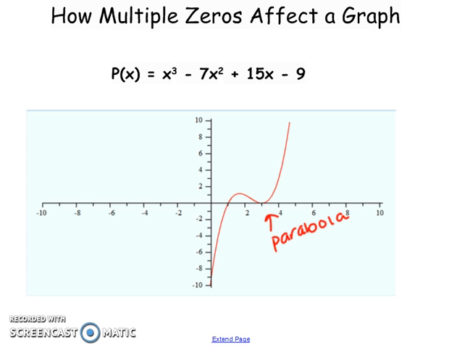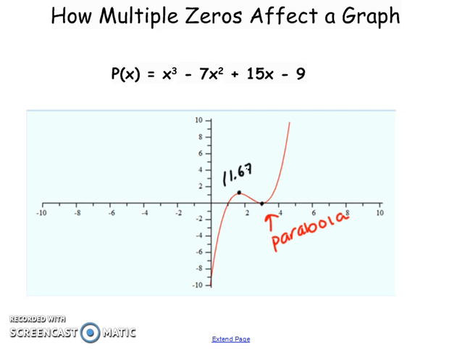So let's put all the stuff that we did together. If we want to find the turning points, you have your maxes and your mins. Here's a turning point, and here's a turning point. If we put it in the calculator and do second trace and max and min, I'm just going to jump right to the answer.